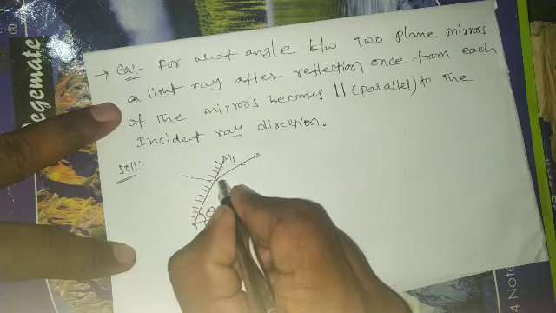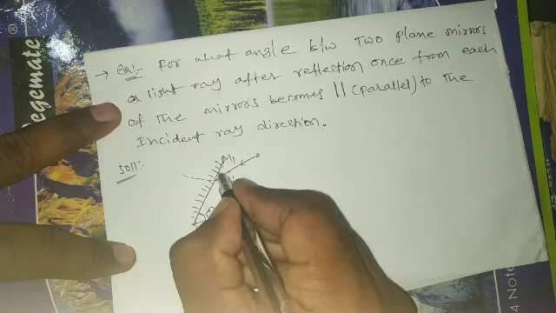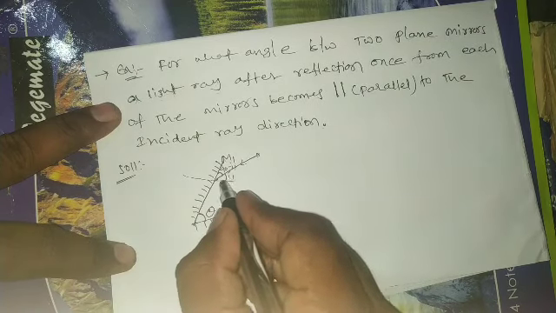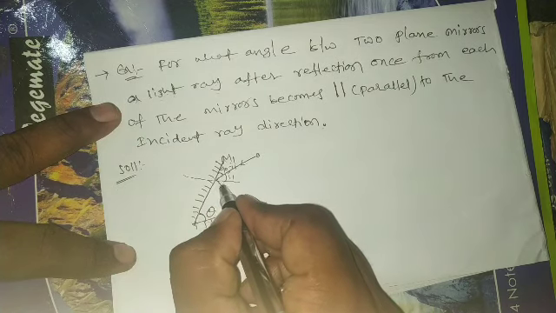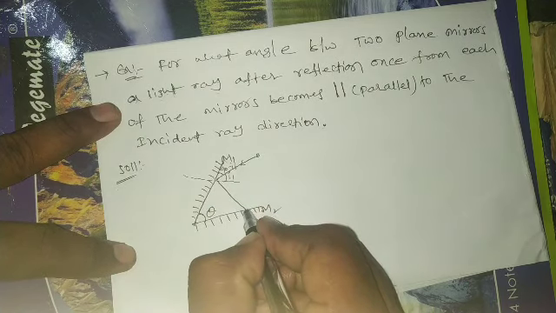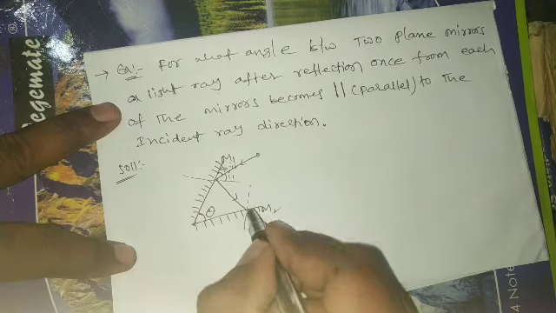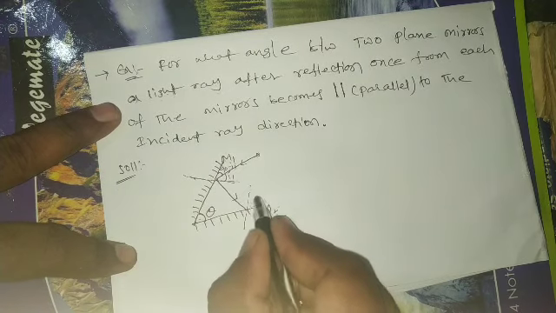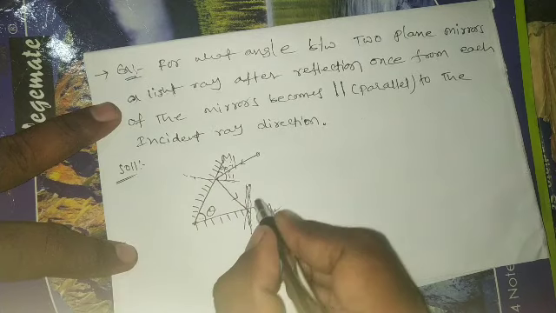A ray of light coming from some direction is incident on mirror M1 with angle of incidence I1. So we already know that the glancing angle is 90 minus I1. This is the normal line N1, always drawn perpendicular to the surface. After incidence the light ray is reflected and is again incident on mirror M2, and this is the normal line, perpendicular to the surface.